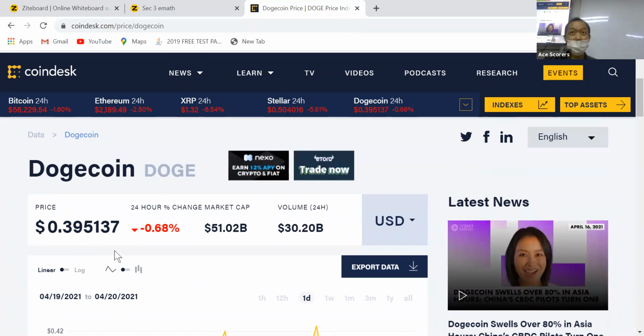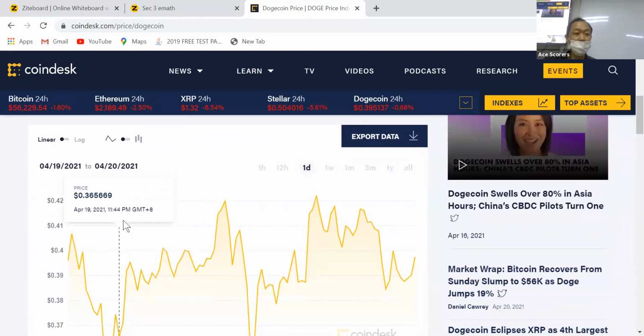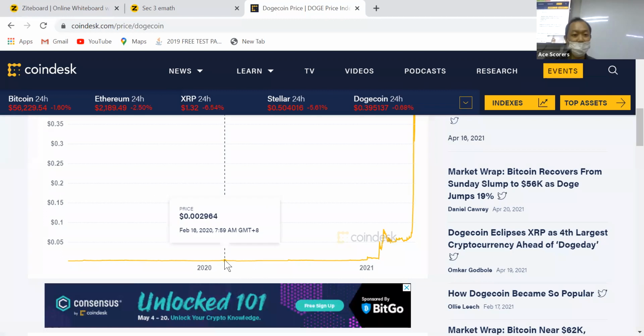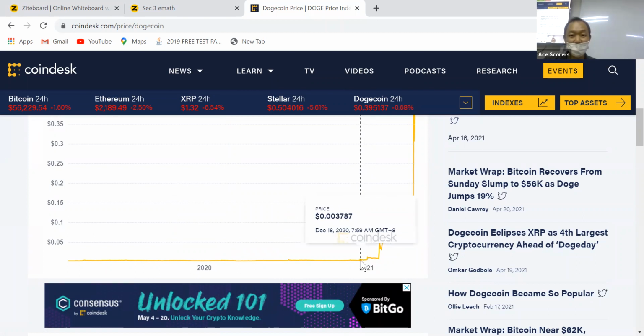When it started off, it was 0.003. That's a lot. Now it's 30 cents. Even at the beginning of this year, in January, it was 0.003.